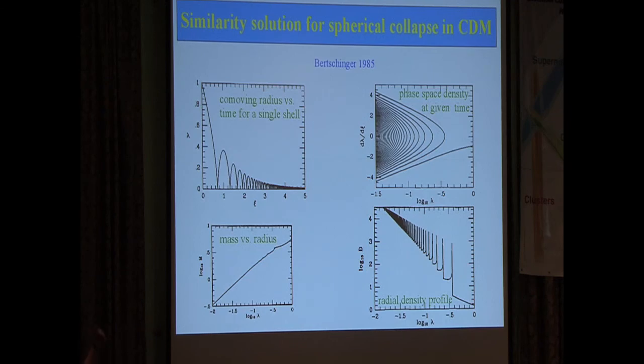So now let's ask what the density distribution looks like. This is the phase space density distribution. We have to project out the velocities to ask what the density distribution is, which means projecting down this velocity axis. If you project down the velocity axis, this is the density against radius. And you get this interesting structure. There's an average profile fall-off, which is about r to the minus 2, but superposed on it, there are spikes that correspond to each turnaround.